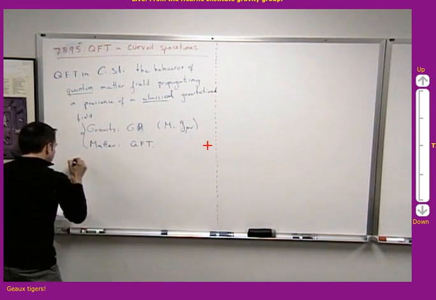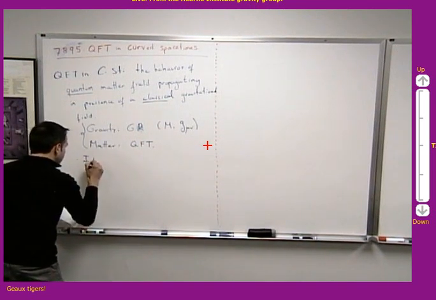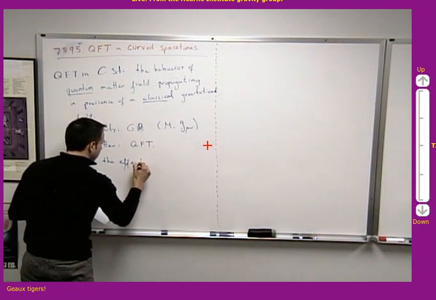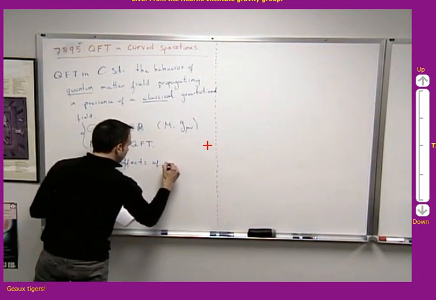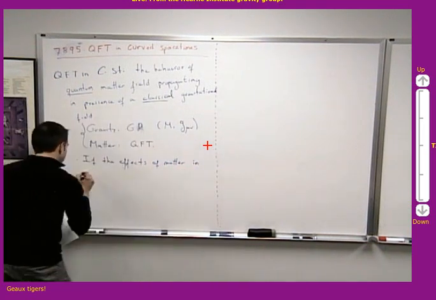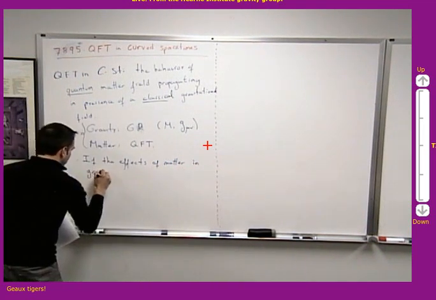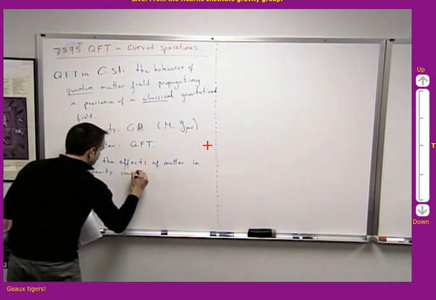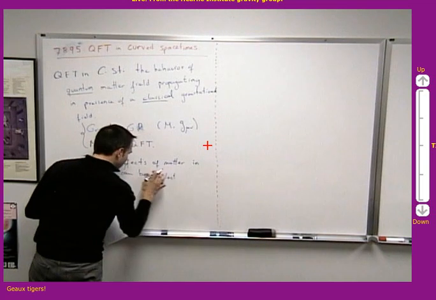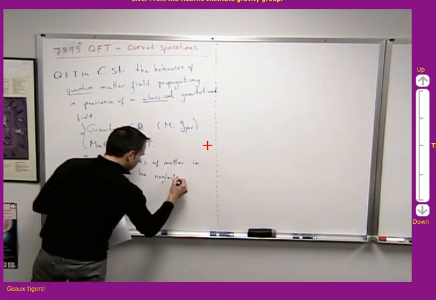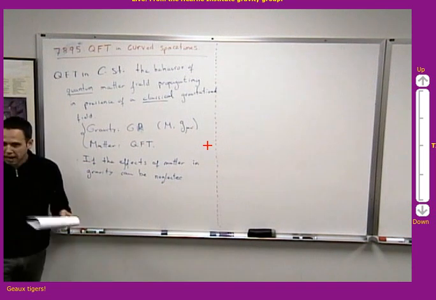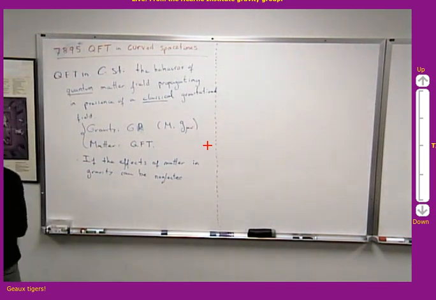So in addition to that, if the effects of matter in gravity can be neglected, which will happen in many circumstances. You know that matter has energy, has momentum. It gravitates. It will modify the gravitational field.